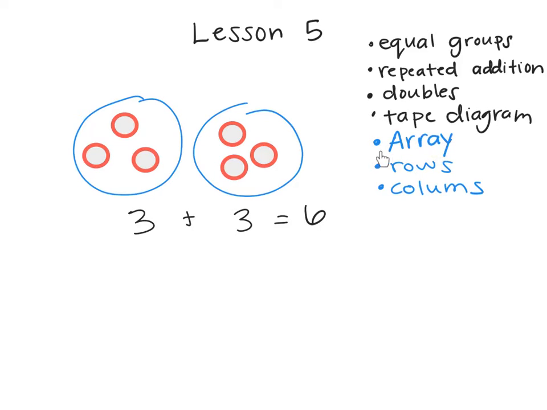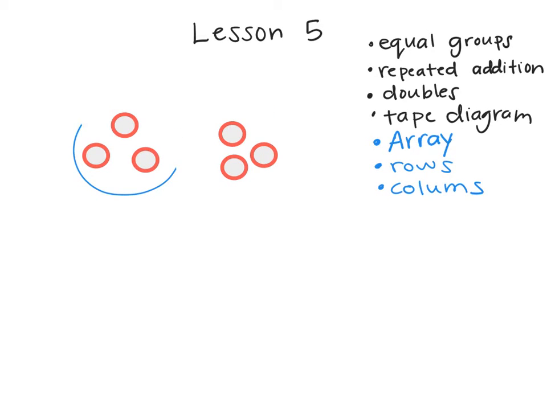So what we're going to do is arrange the group into rows and into columns. And when we do that, what we're creating is called an array. So let's see if I can show you what that looks like. I'm going to erase my repeated addition, and instead of having them stay in groups, we're going to put them in equal rows.